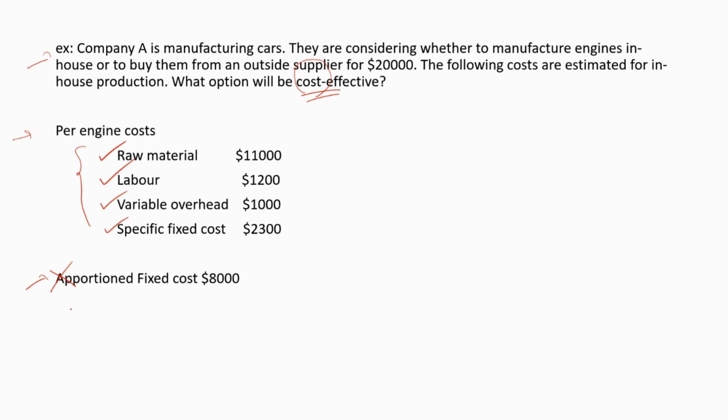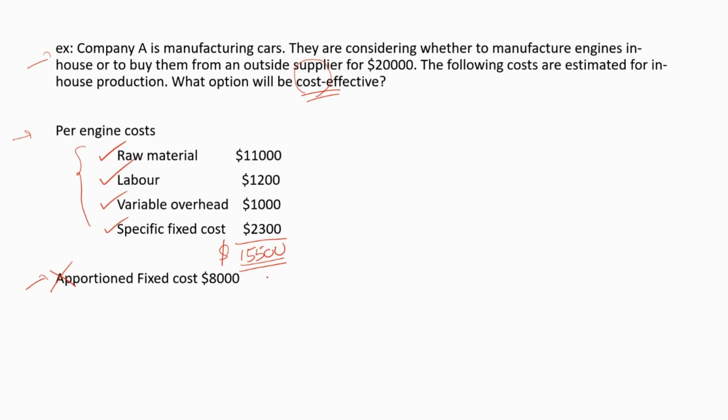So now let's calculate the total cost that will be incurred if they decide to produce engines in-house. The total cost is the summation of these amounts. So the total relevant cost is $15,500. This means if the company decides to manufacture engines in-house, the relevant cost per engine is 15,500.